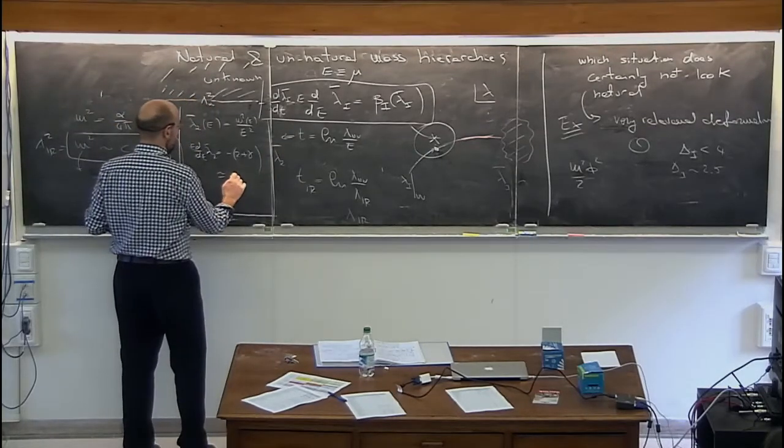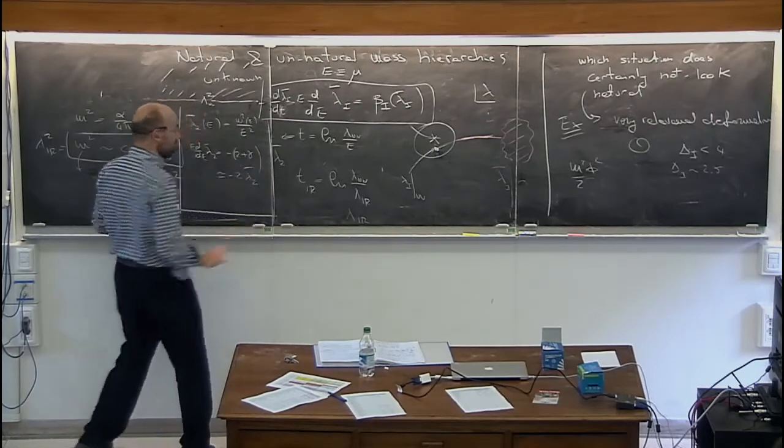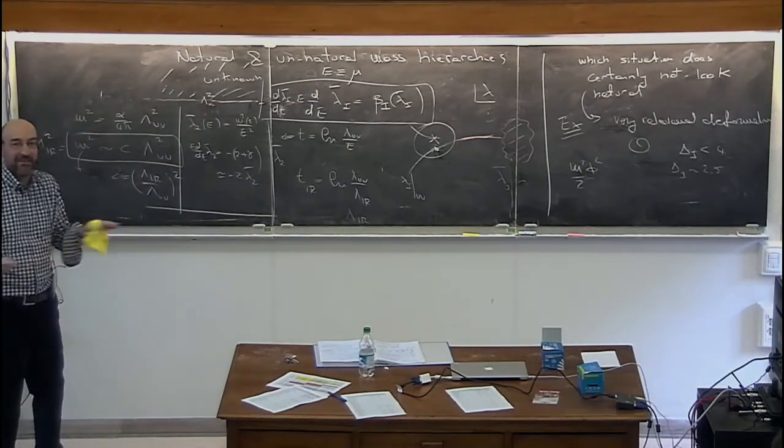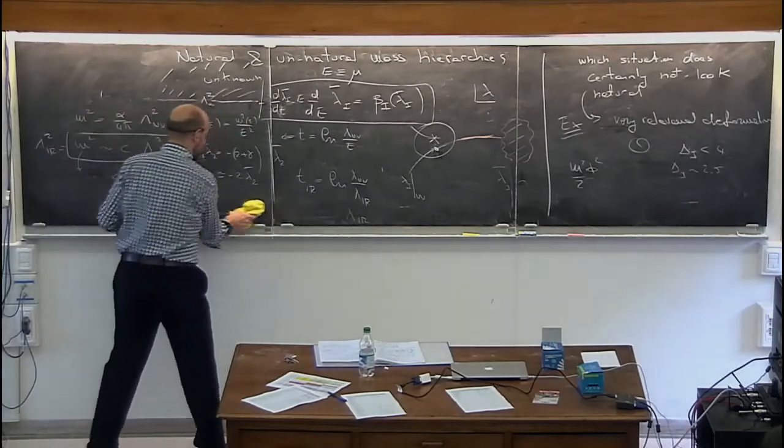In a weakly coupled theory this is roughly minus 2 lambda 2 bar. I'm saying something obvious, but it's good to see it in perspective.